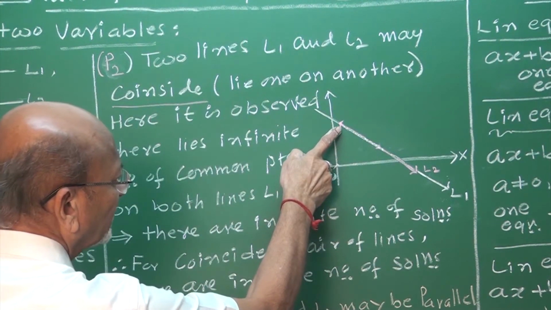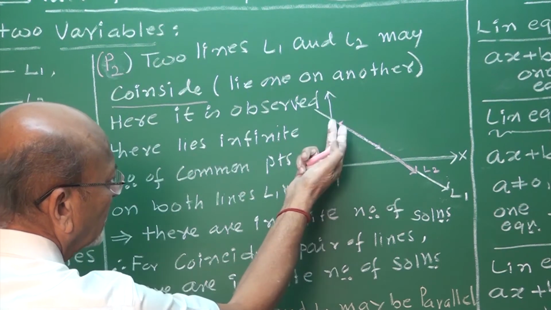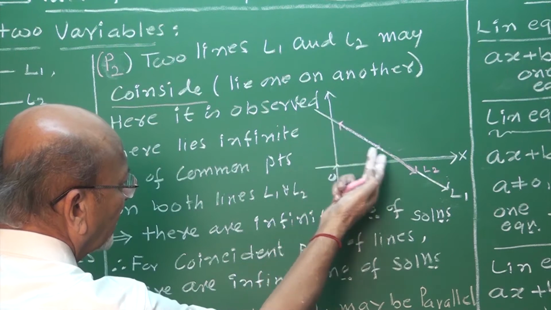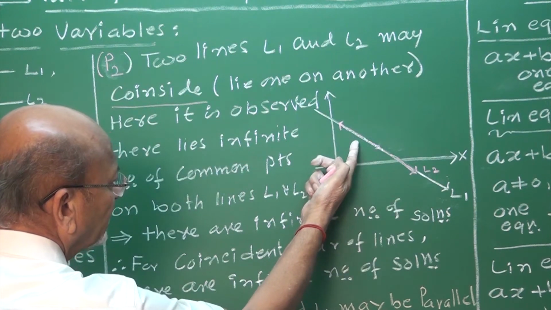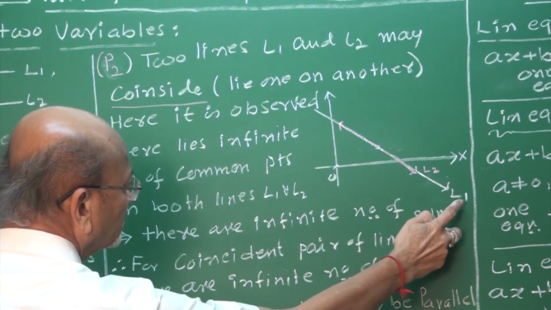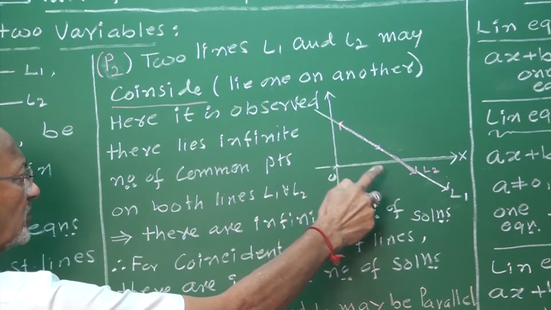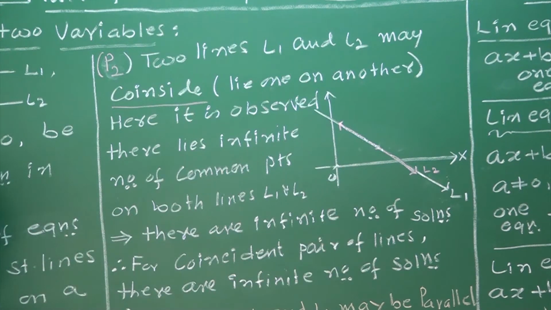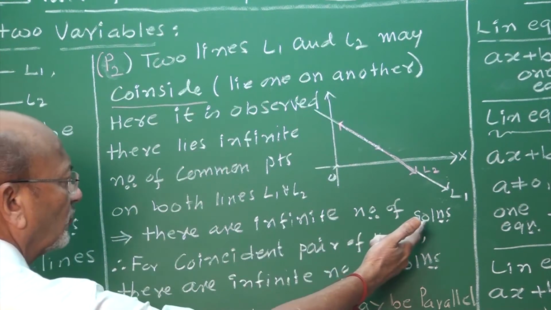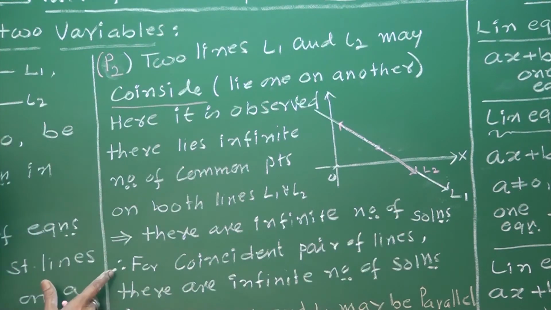Here it is observed, how many points are there? Countless. You can't count. There lies an infinite number of common points on the lines L1, L2. As there are an infinite number of common points, there exist an infinite number of solutions.